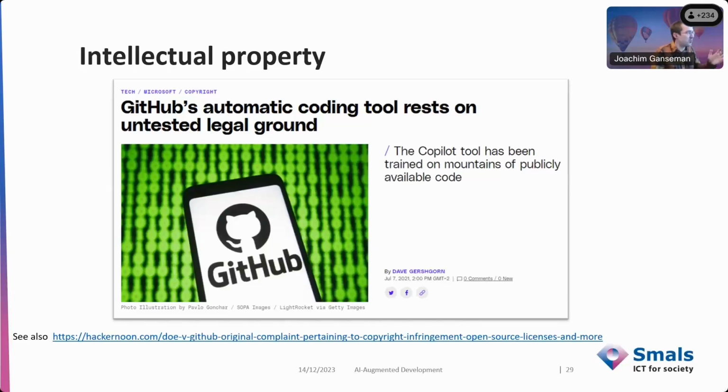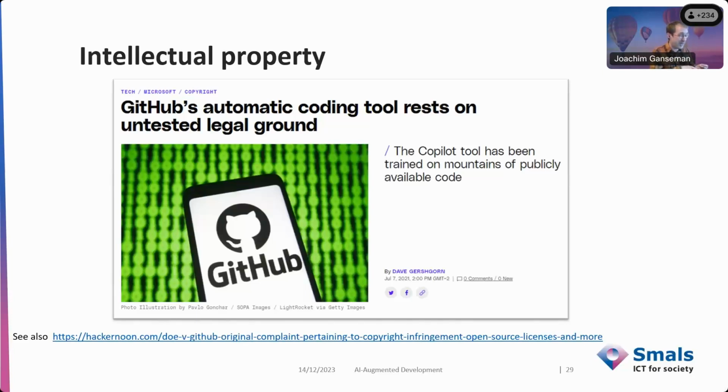Then intellectual property. There is some legal dispute, let's say, about the validity of GitHub Copilot, mainly because it's not really known on which data it was trained. Well, data comes from GitHub, but GitHub also has code with licenses that are not permissive.